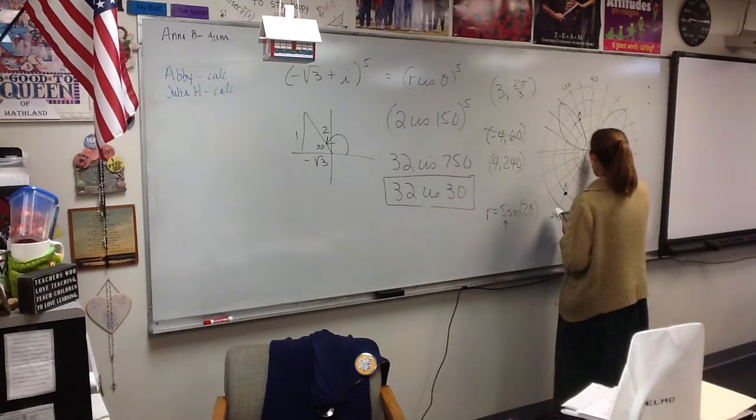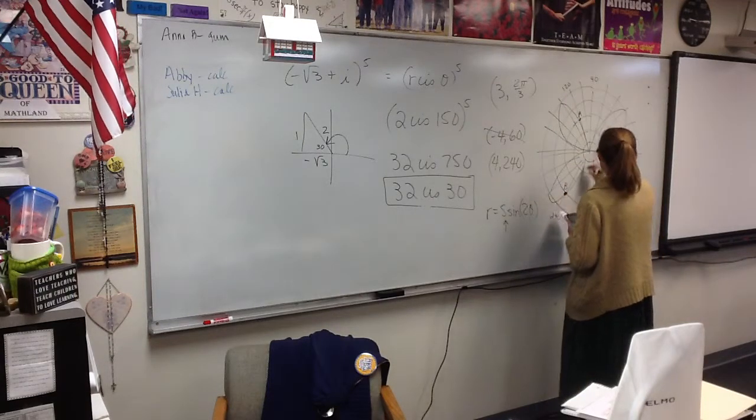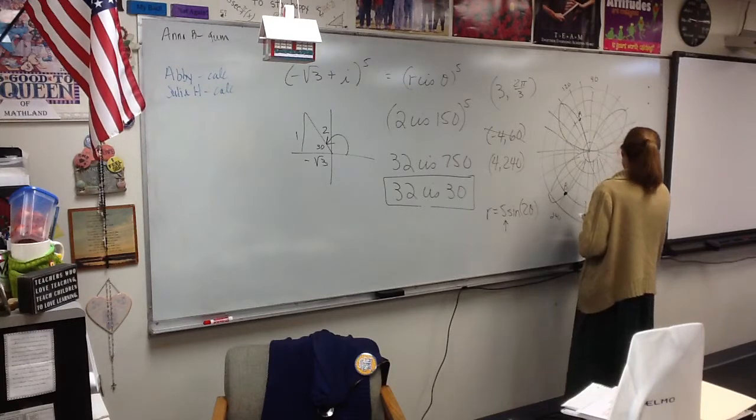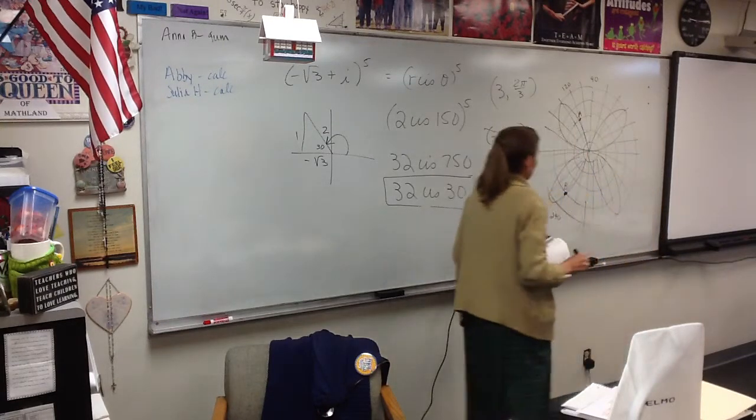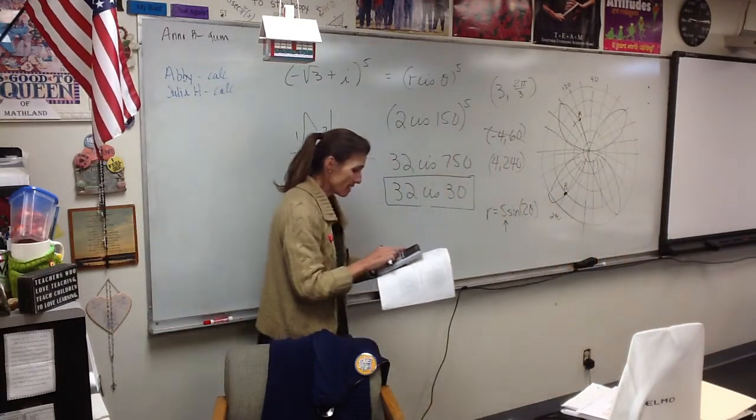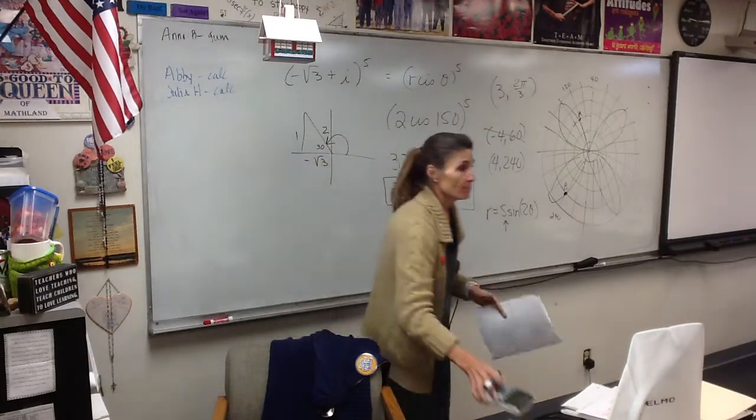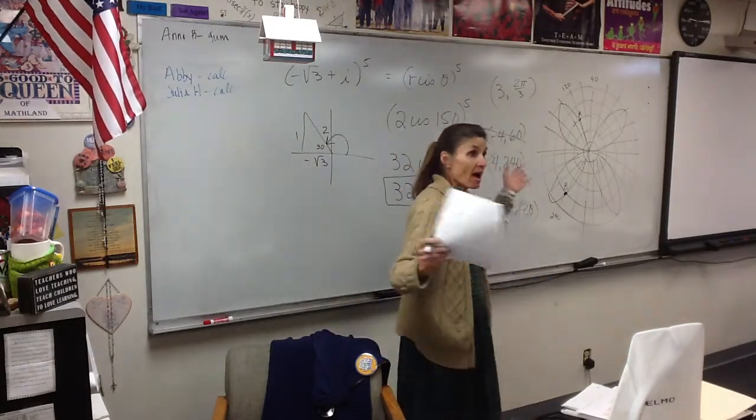I'm going ahead and sketching it on the same grid because I don't want to make another one. You should have gotten a 4-leaved rose that goes out 5.